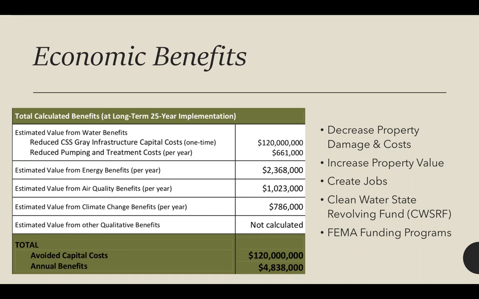Not only does it help save money that way, but for landowners in the community, it decreases their property damage and costs. It also helps increase property value, create jobs, and there are several programs that cities and other municipalities can use to have money to pay for such projects.